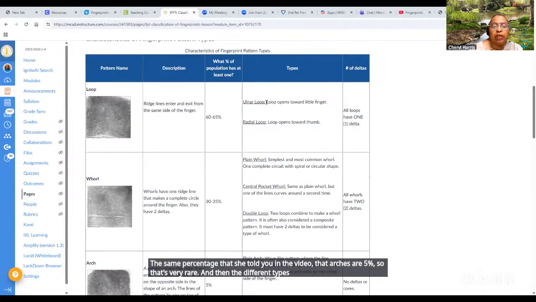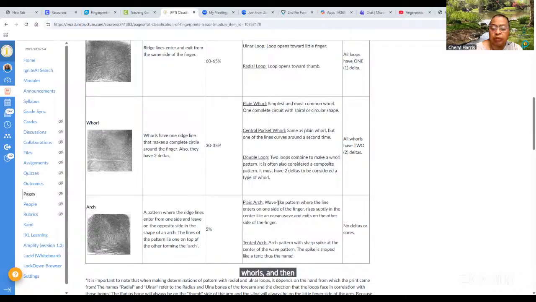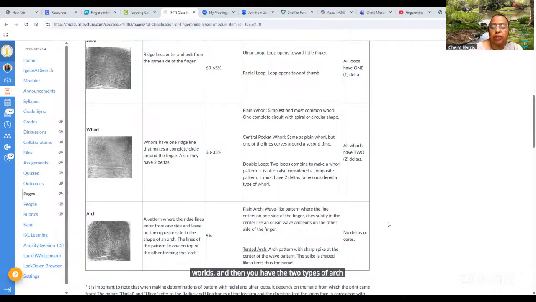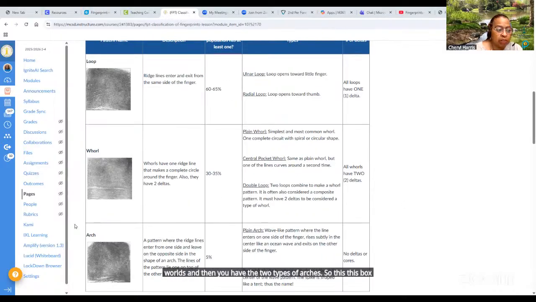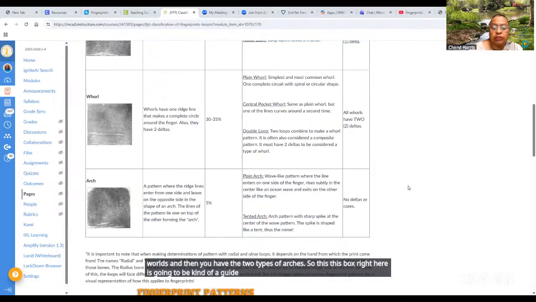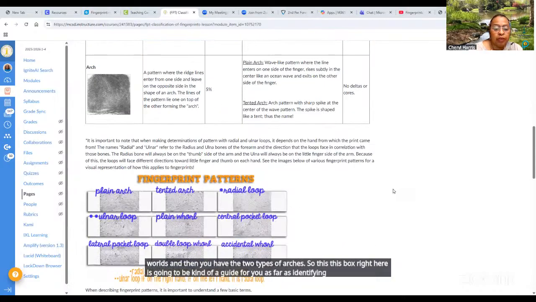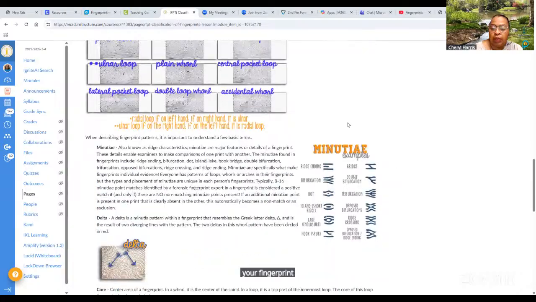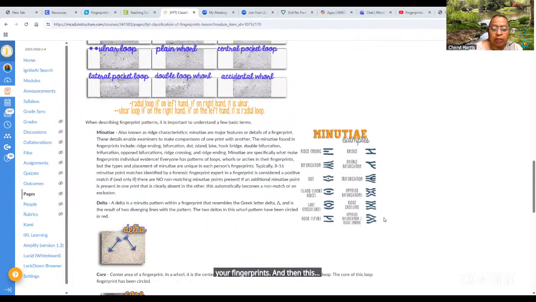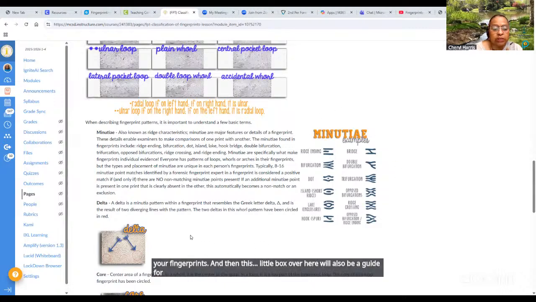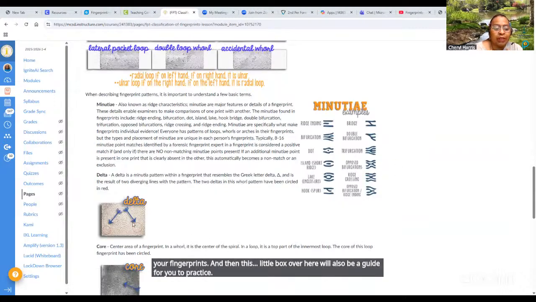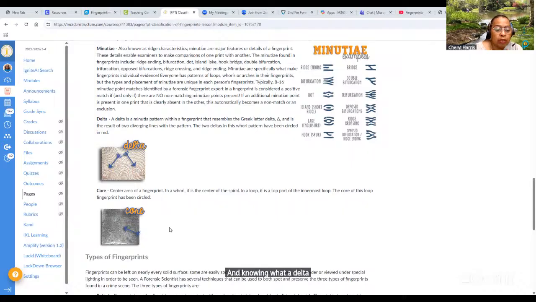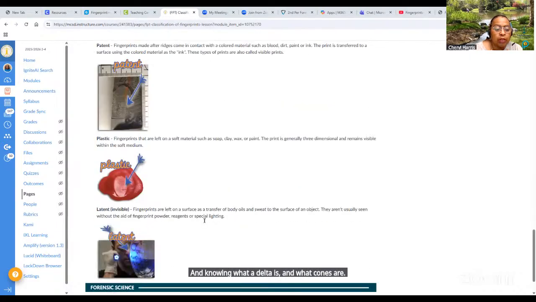You have 2 types of loops, 3 types of whorls, and 2 types of arches. So this box right here is going to be a guide for you as far as identifying your fingerprints. And this little box over here will also be a guide for you to practice knowing what a delta is and what cores are, etc.